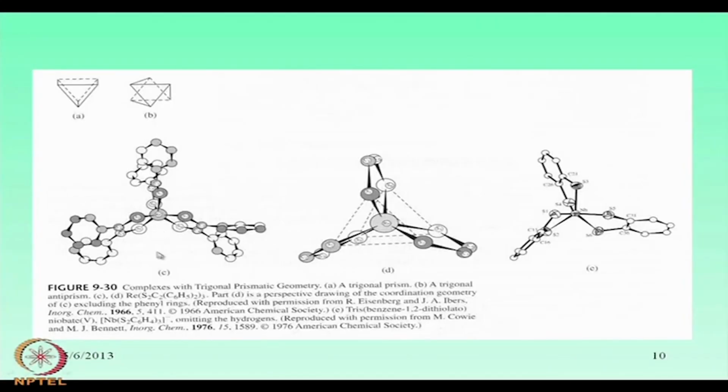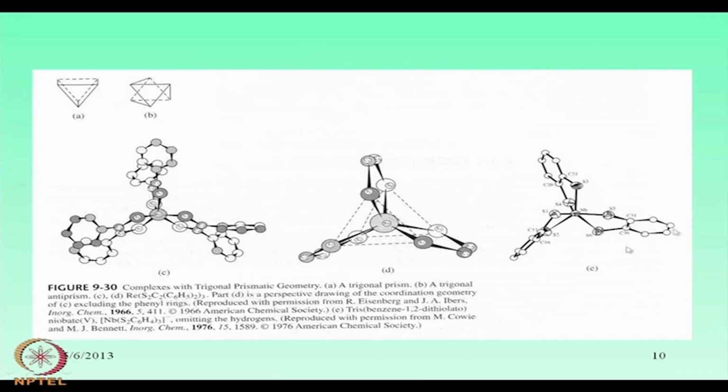So in this particular case, the molecule like C and D is the corresponding rhenium compound. This is the whole detail of this, and it is the corresponding positioning of the 6 sulfur atoms in a corresponding trigonal plane prism. So this is one trigonal plane and this is the second trigonal plane on the back side.